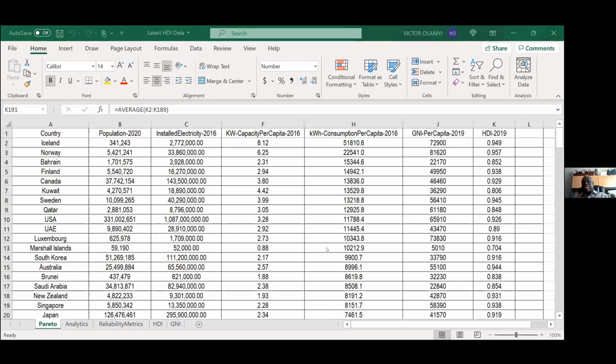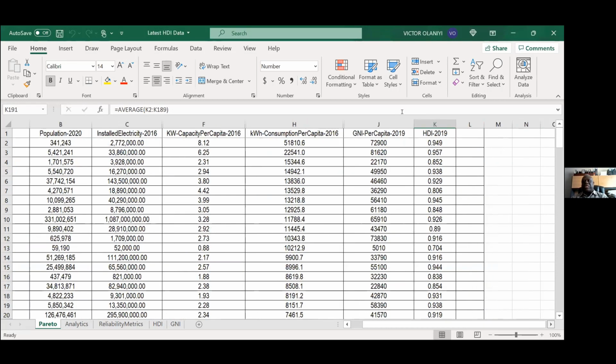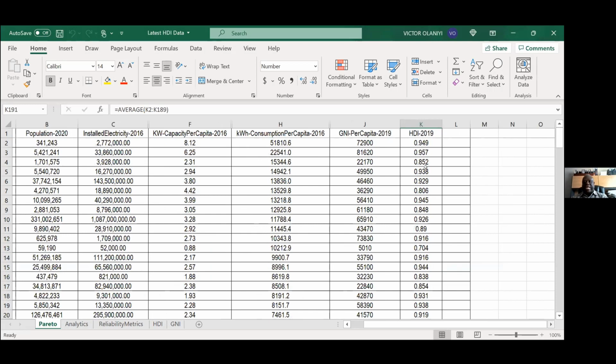And then I tried to normalize that in terms of consumption data. And then I looked up the economy, the GDP, the GNI, and what the UNDP defines as the Human Development Index, the latest of which is HDI for 2019.